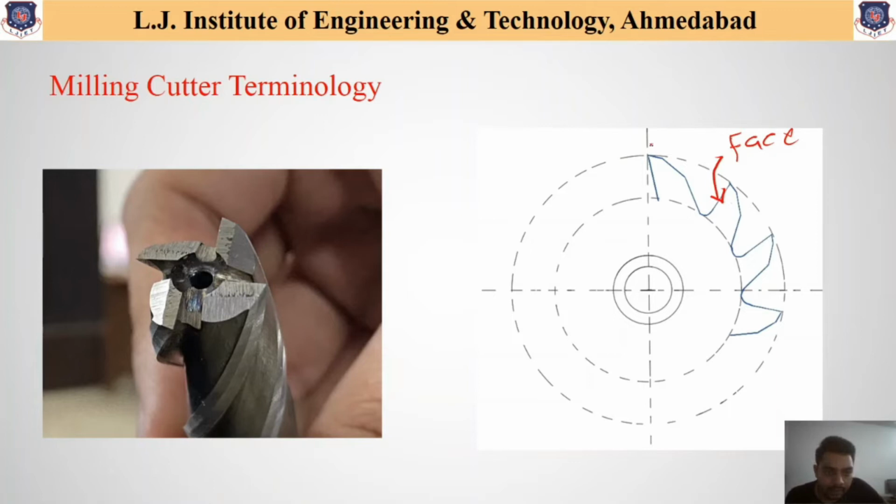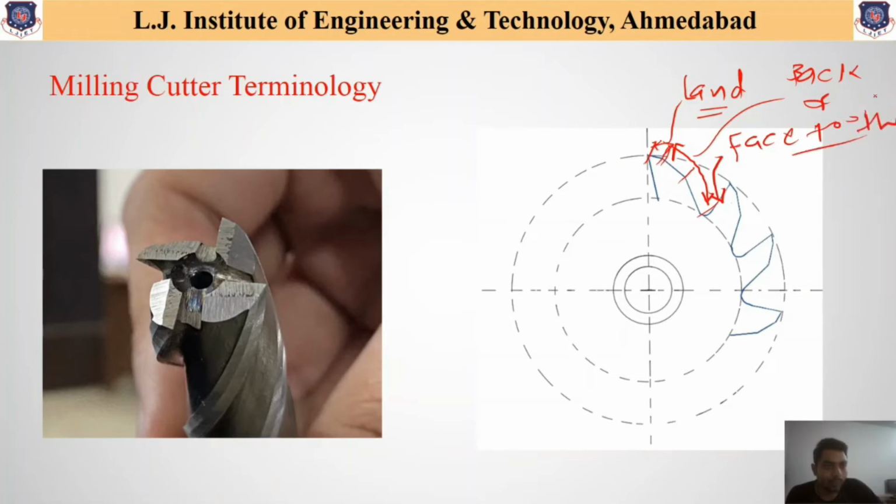Similarly, as we have discussed, there are three parts available. This first particular part, which helps during the cutting operation and also helps to avoid rubbing or friction between the workpiece and the cutter, is called the land. The remaining portion at the back of the tooth is called the back of the tooth.